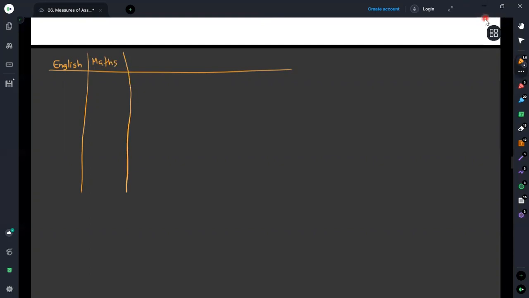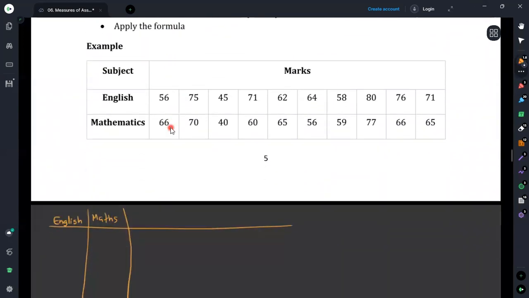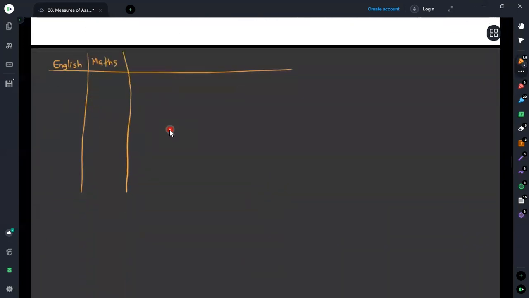Then if I write down the values for English, it is 56, 75, 45, 71, 62, 64, 58, 80, 76, and 61. Therefore, these are the values we are getting for English.